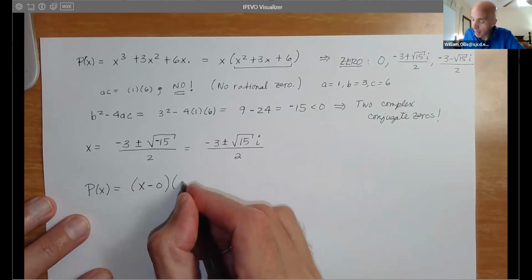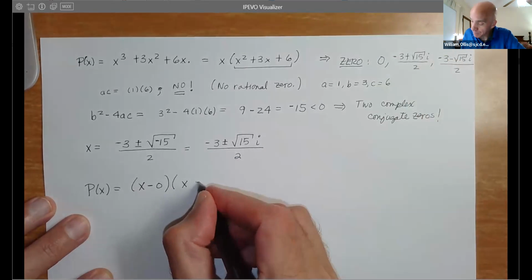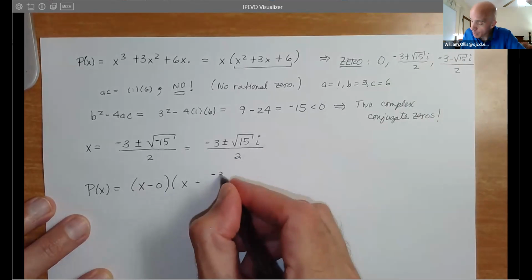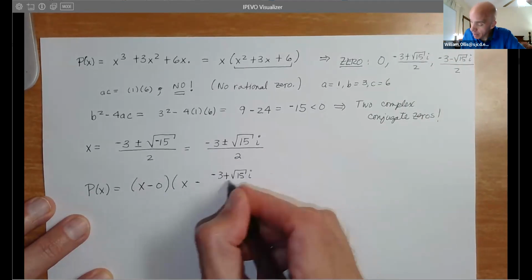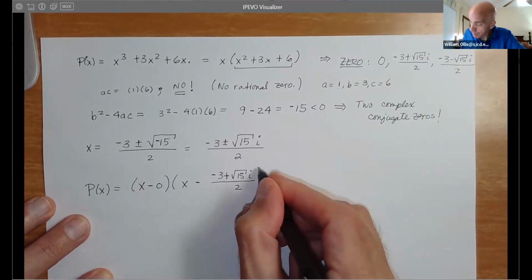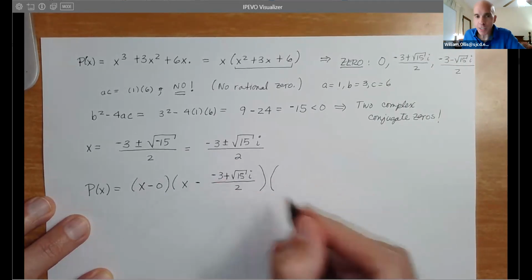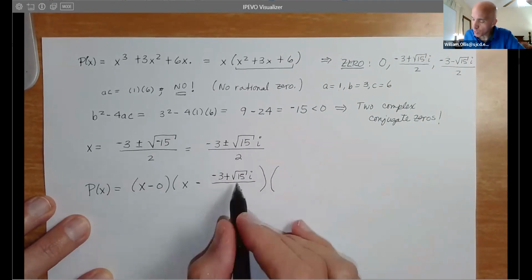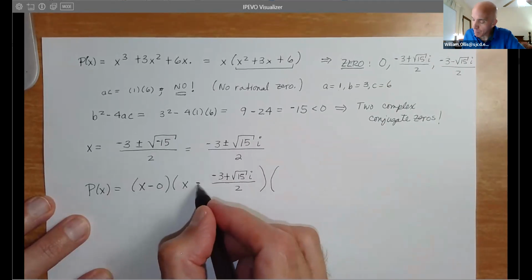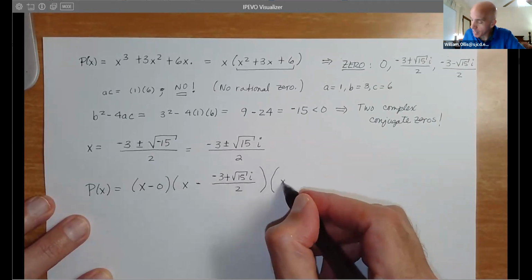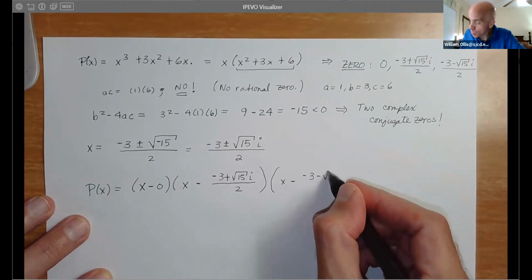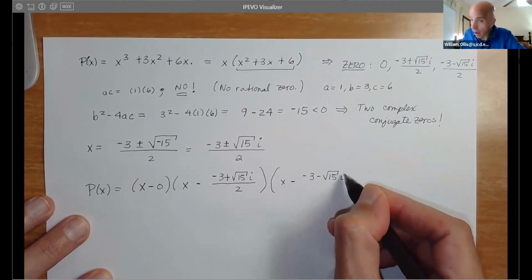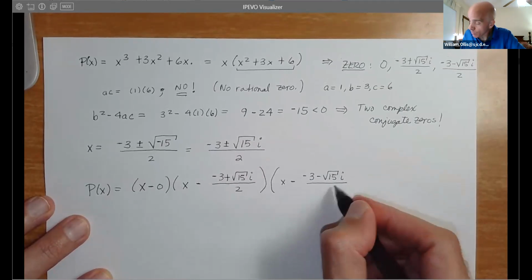And then we have x minus, write the fraction, negative 3 plus square root 15i over 2. So if you write it as the fraction, it's all clean and you get your c2, x minus c2. And now we do x minus c3, negative 3 minus square root 15 i over 2, like that.